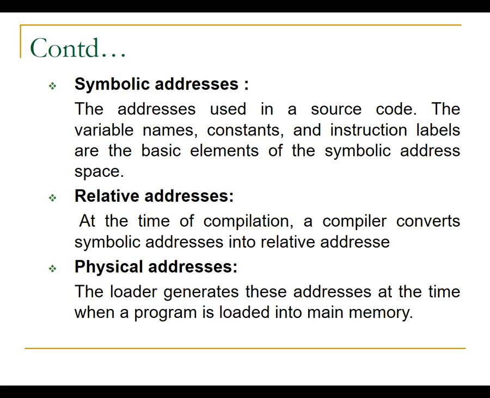The second type of address which is managed by memory allocation is the relative address. This relative address is considered at the time of compilation of a particular source code, where the compiler converts the symbolic address into the relative address.